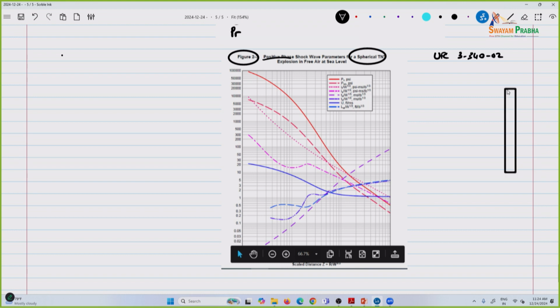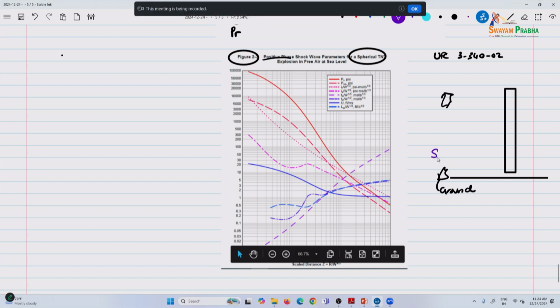So this is your building, and if you have a surface burst, this is on the ground. The terminology used is hemispherical for that, and this would be spherical. There is a similar curve. This is figure 2.7.